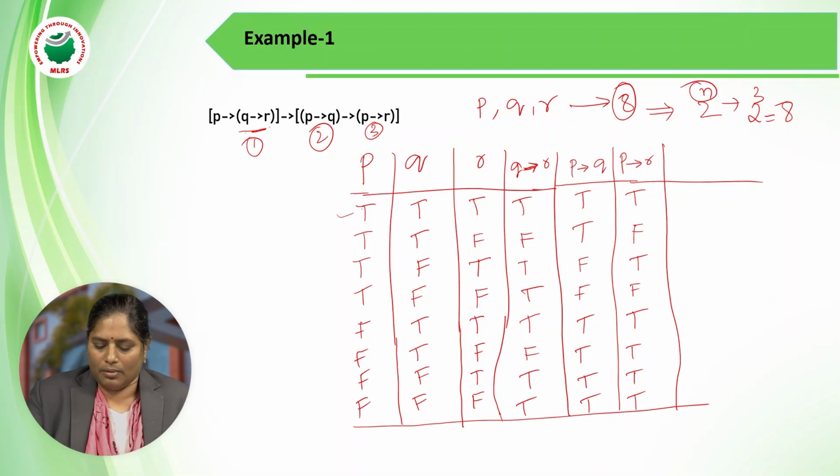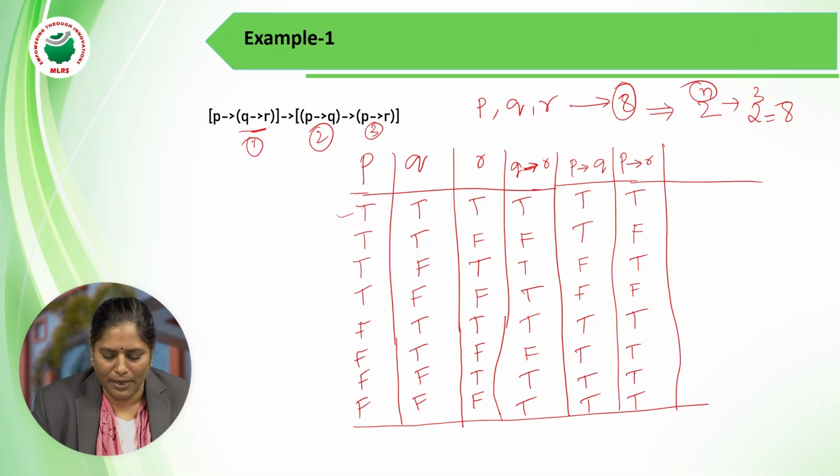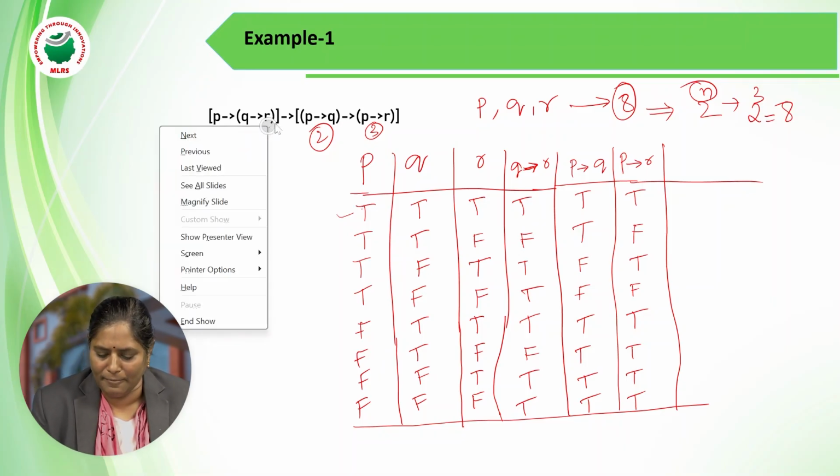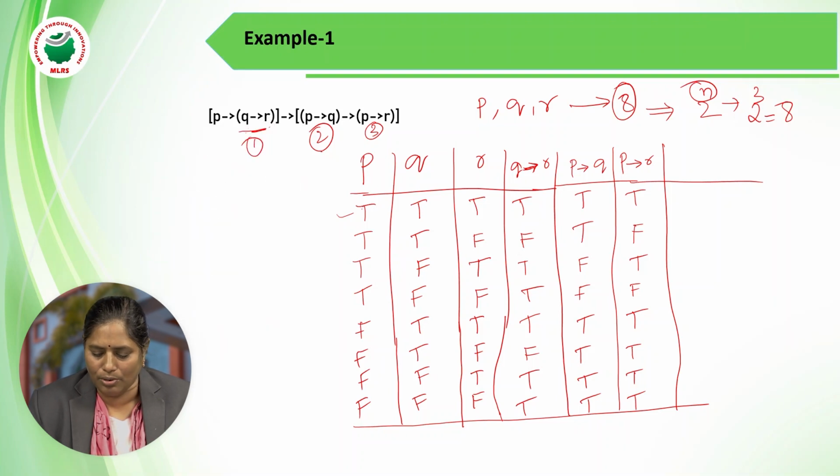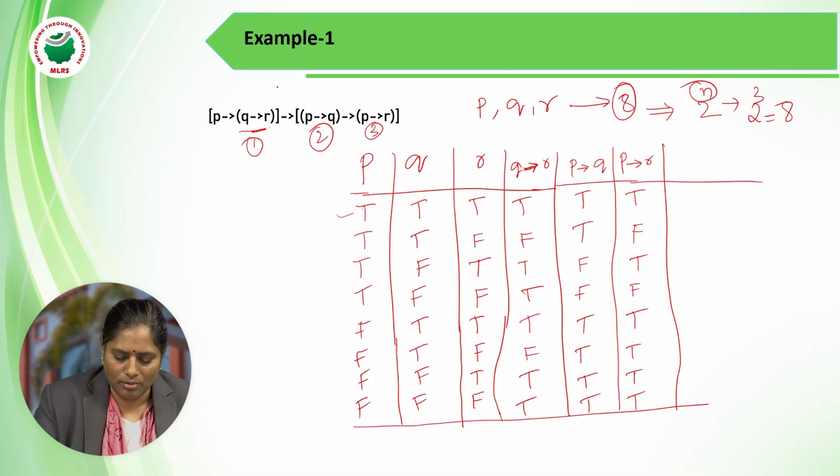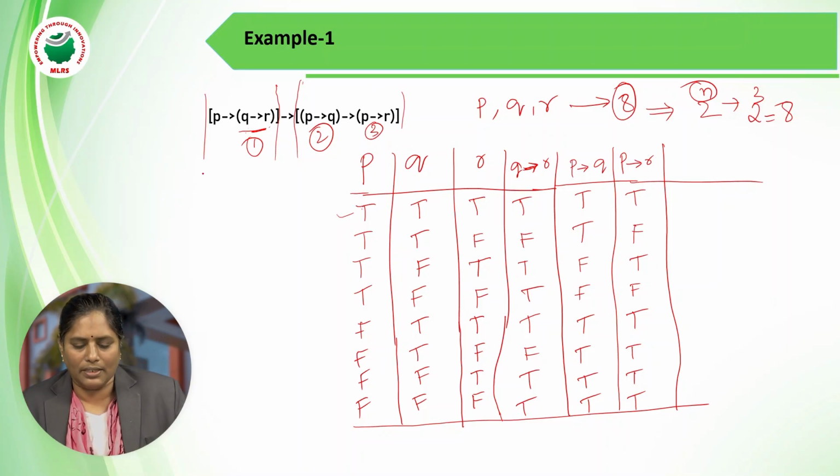So going through the statements, first I applied implication on Q implies R, next P implies Q, next P implies R. Again, I am converting the statement into two forms, first form and second form.